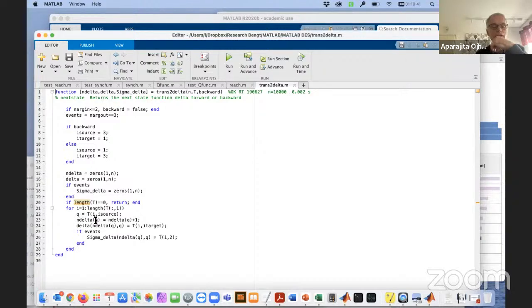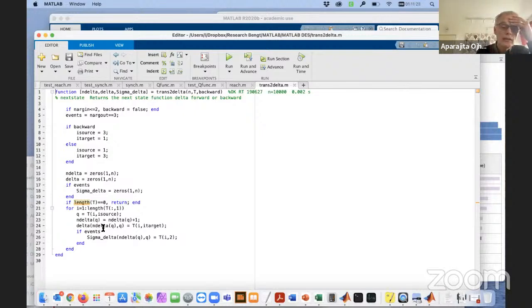Then N delta answers how many target states you have for the state Q. So N delta is just a row vector, where if you add 1 element, you also say that now the number of states from Q is 1 more.